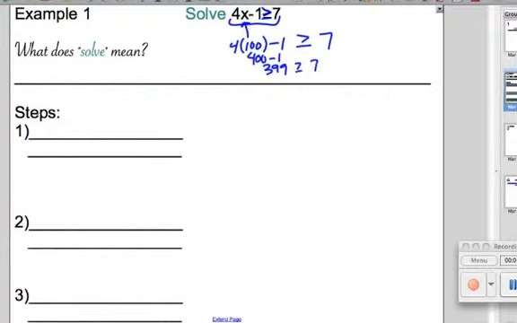So 100 is a solution to this inequality, but the question we really want to answer is, we want to find all the solutions in the world that would be a solution to this inequality.